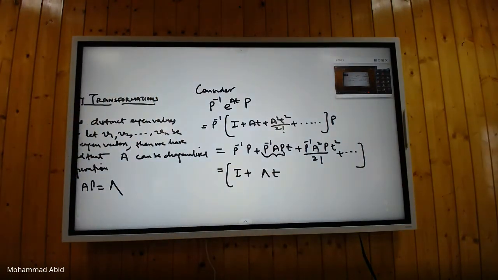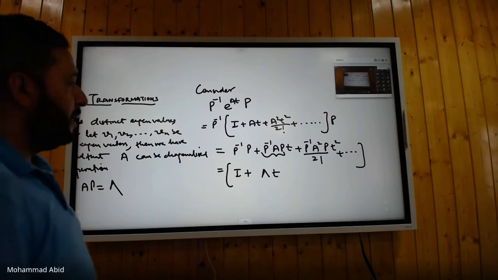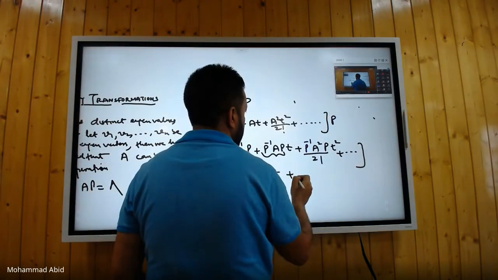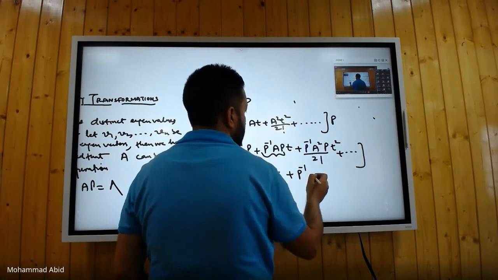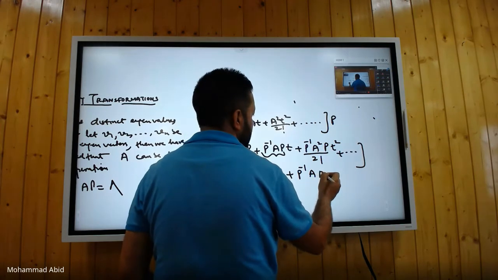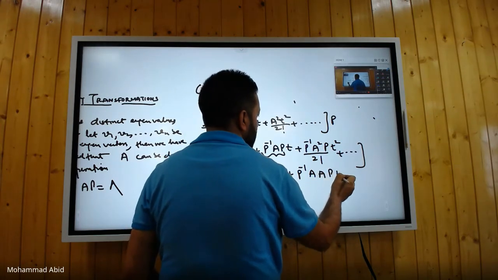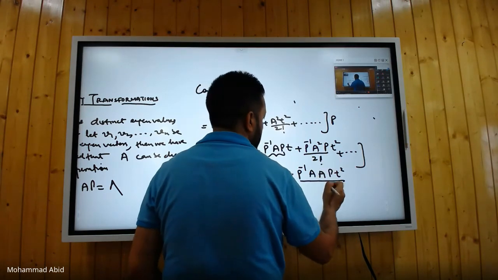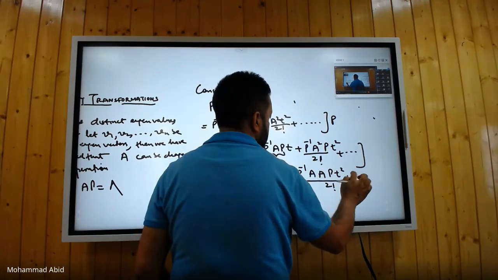Then I have this thing I can write as P inverse, this is A square है ना यहाँ पे, I can write it as A into A, then P T square upon 2 factorial plus 1.